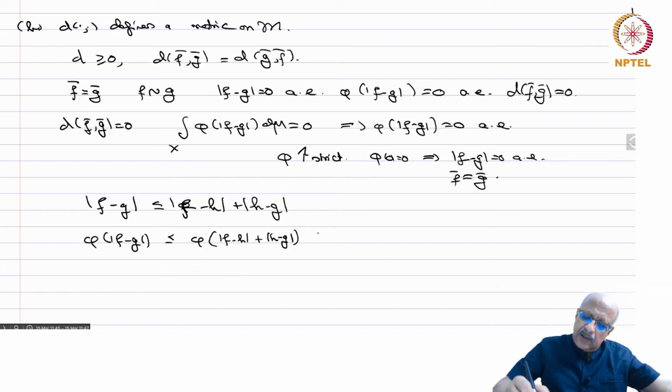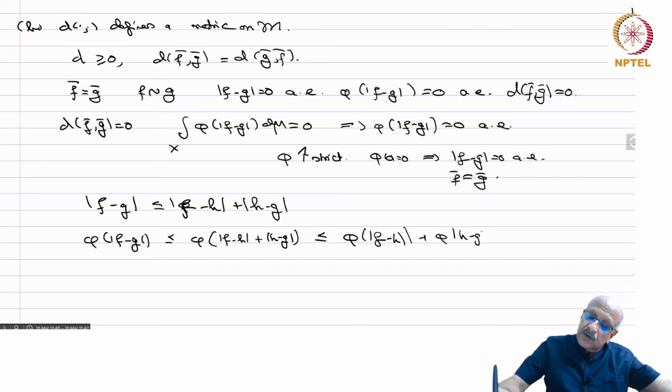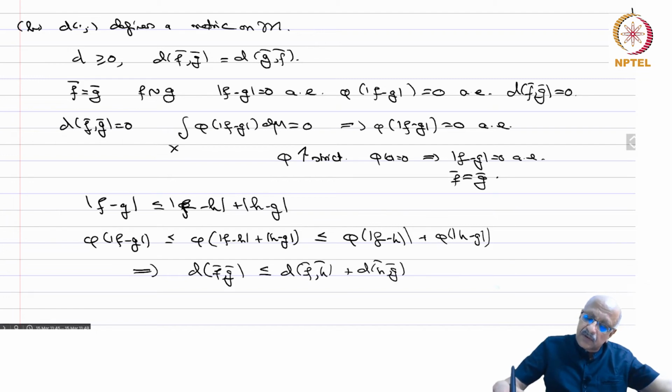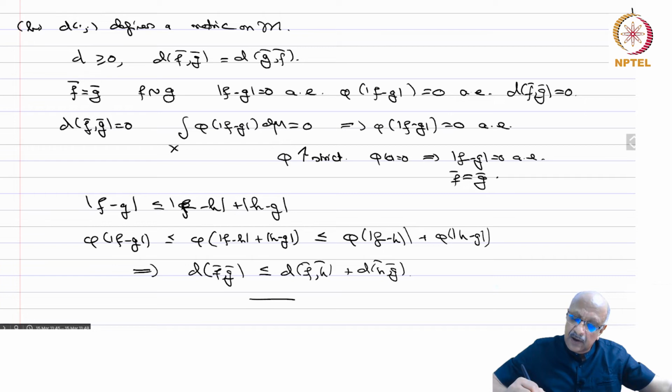So here we use the other hypothesis, that's less than or equal to phi of mod f minus h plus phi of mod h minus g, and therefore this implies that d of f bar, g bar is less than or equal to d of f bar, h bar plus d of h bar, g bar. So therefore d defines a metric.